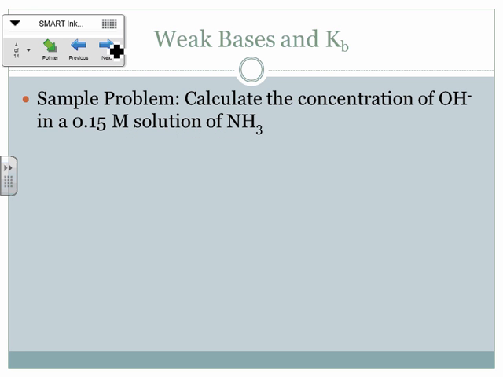Anyway. Okay, so calculate the concentration of OH minus in a 0.15 molar solution of NH3. Once again, you're going to start to see how similar this is to what we've been doing with acids, which is kind of the opposite process now. So what's our equation here? We've got NH3 plus what?